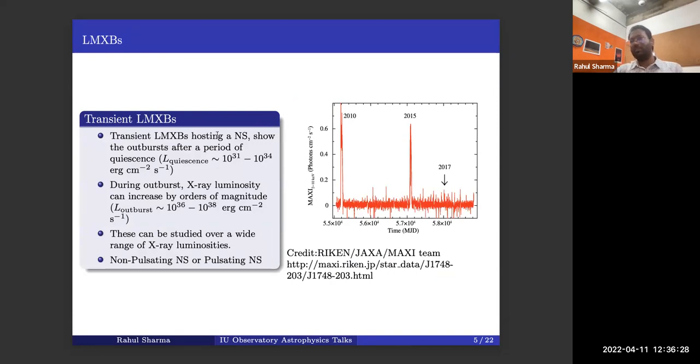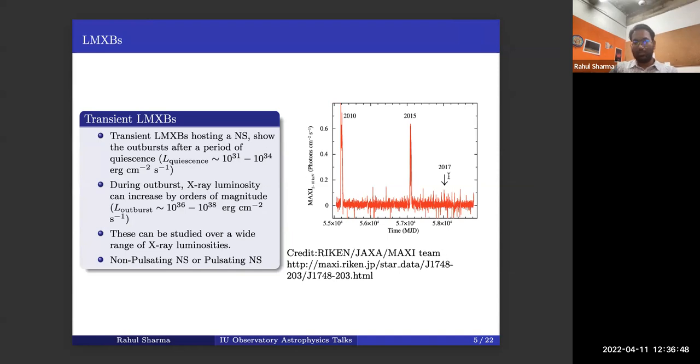These transient LMXBs are generally observed only during the outburst period. During quiescence their luminosity is very low, hardly detectable with a proportional counter, so with a highly sensitive focusing instrument we can detect these sources in quiescence also. Their quiescence luminosity is around 10^31 to 10^34.